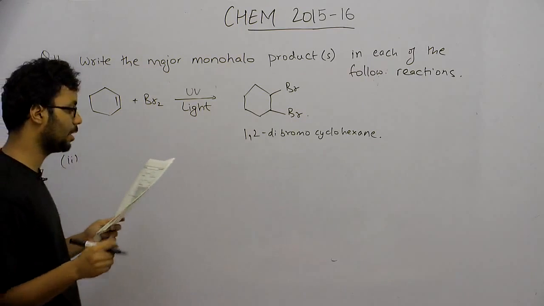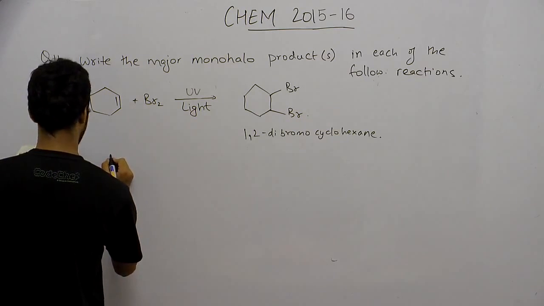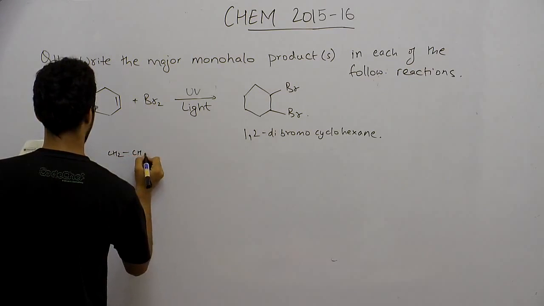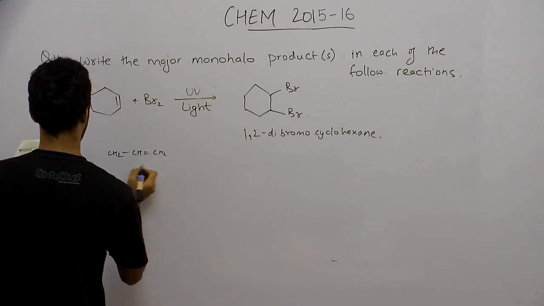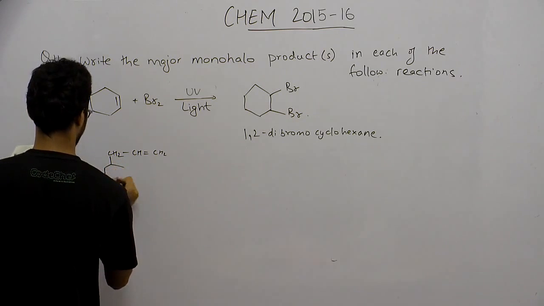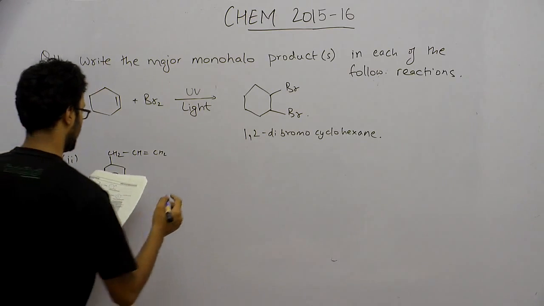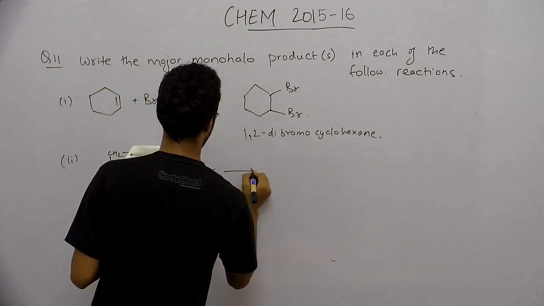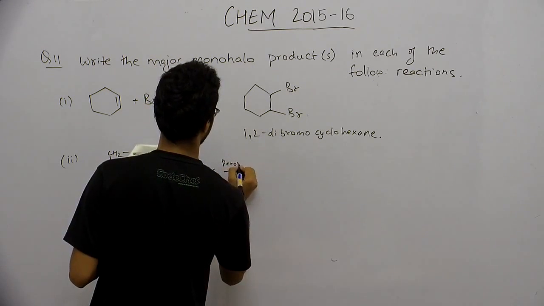The second part of this question: 3-phenylpropene is reacted with hydrogen bromide in peroxide.